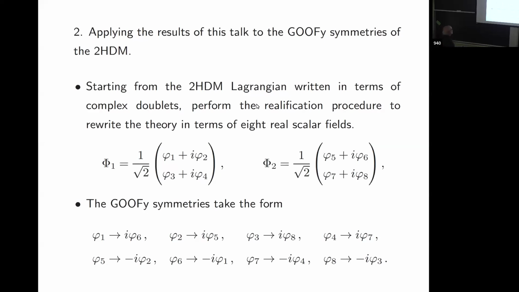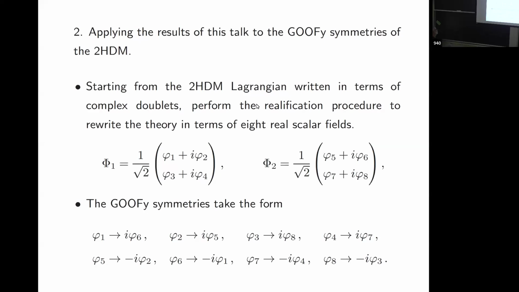So that's one possible direction. The second possible direction is, does this argument, which was constructed for the toy model, explain the full 2HDM model that was written by Ferreira? And so what would you have to do? You take that 2HDM model, now they're complex fields, so you have to realify it in the same way we did when we started out with one complex field.